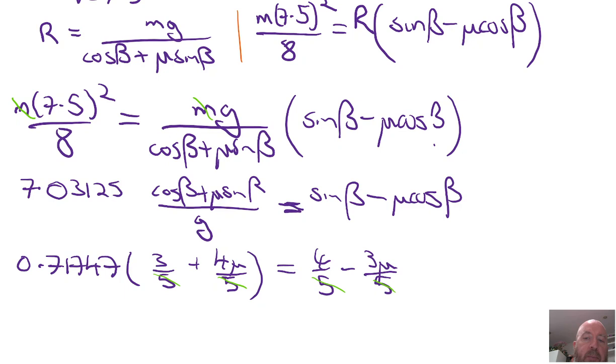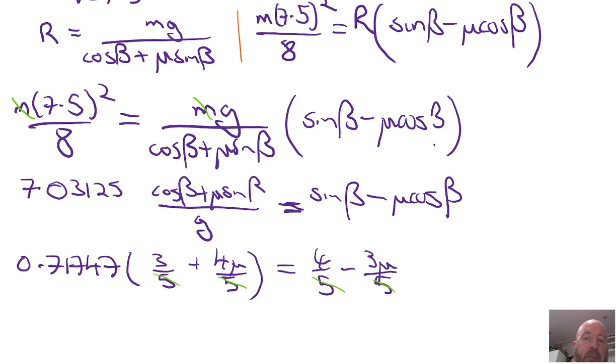So 4 minus 2.152 is 1.848. That's 5.87 mu, which means mu equals 1.848 divided by 5.87, which is 0.3148. And for some reason the marking scheme has gone to 3 decimal places, and we are done.